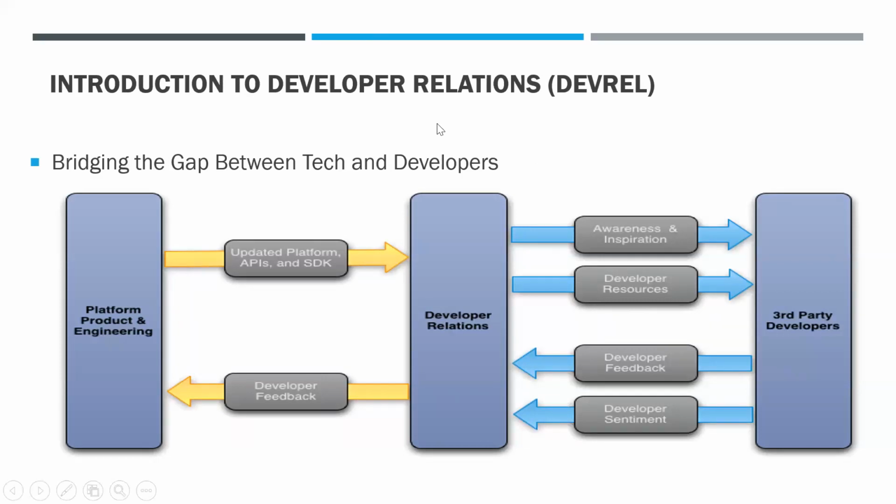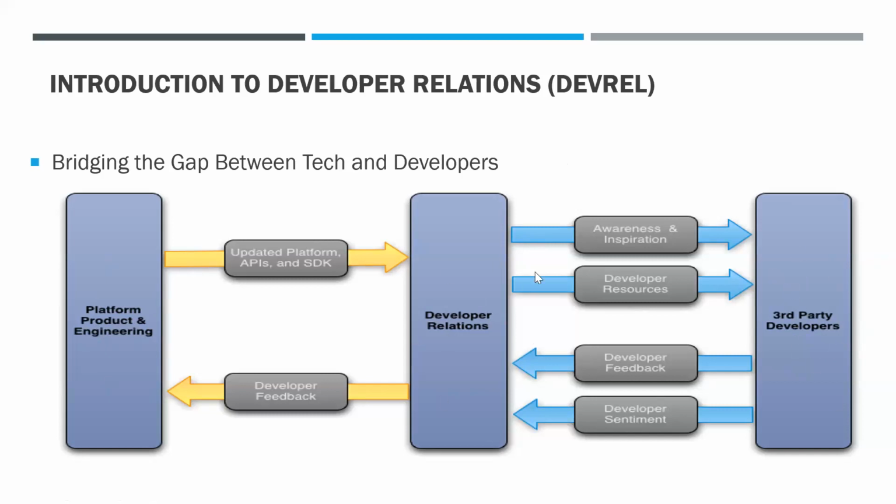All right. So, like I said, a developer relation engineer is a profession bridging the gap between tech companies and developers. As you can see from this flow diagram, this part is showing platform, product, and engineering, and this other end is showing third-party developers.